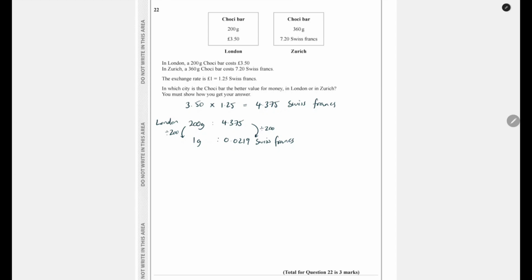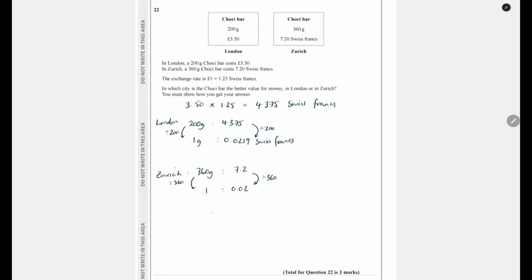If we do the same thing for the Zurich price, we know that 360 grams costs us 7.2 Swiss francs. To get 1 gram, we divide both sides by 360. So 360 divided by 360 is 1. And 7.2 divided by 360 gives us 0.02.